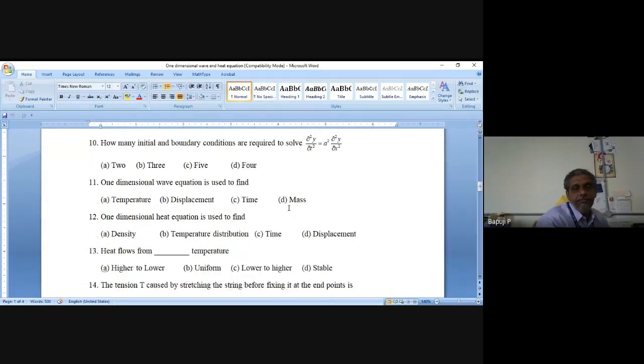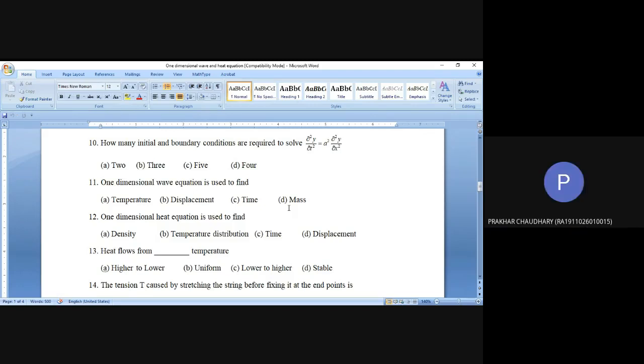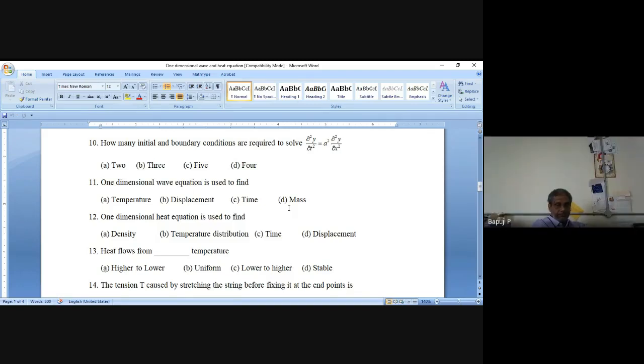Heat flows from dash: higher to lower, uniform, lower to higher, stable. This is not an engineering question. Everyone can answer.